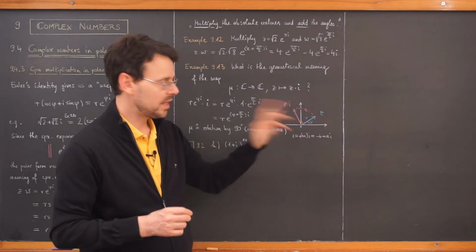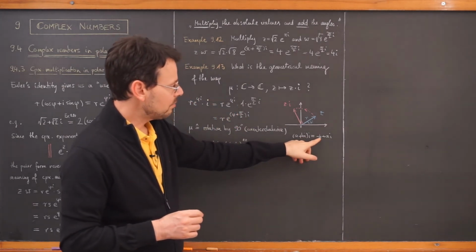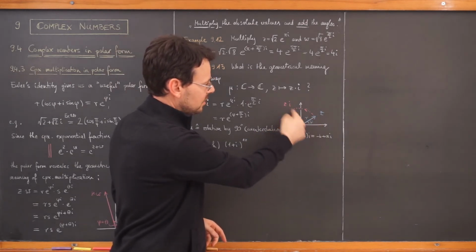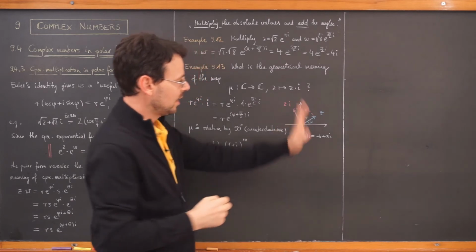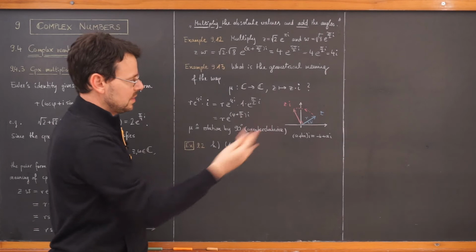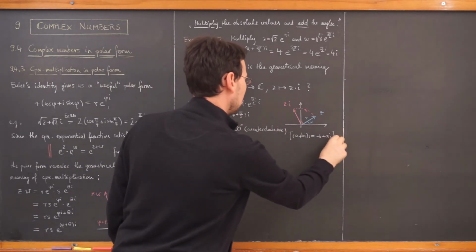So real and imaginary part get swapped around, and here you have a minus. And if this has the coordinates (a, b), then this arrow here with (minus b, a) is exactly perpendicular to this one. But here in polar form, this is easier to understand. So we don't really need that.